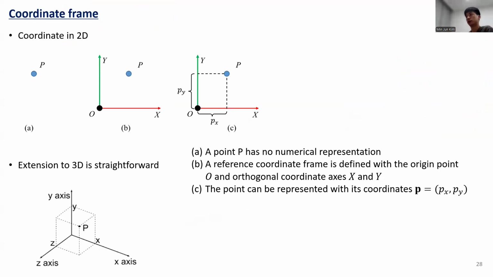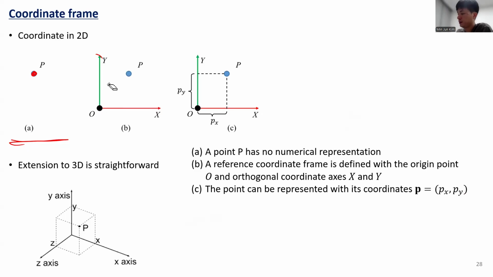Anyways, we have to introduce a coordinate system. I think everyone is familiar with what a coordinate system is, right? In space there's a point. What's the position of the point? We cannot represent it without a coordinate system, so we introduce this X and Y coordinate system.